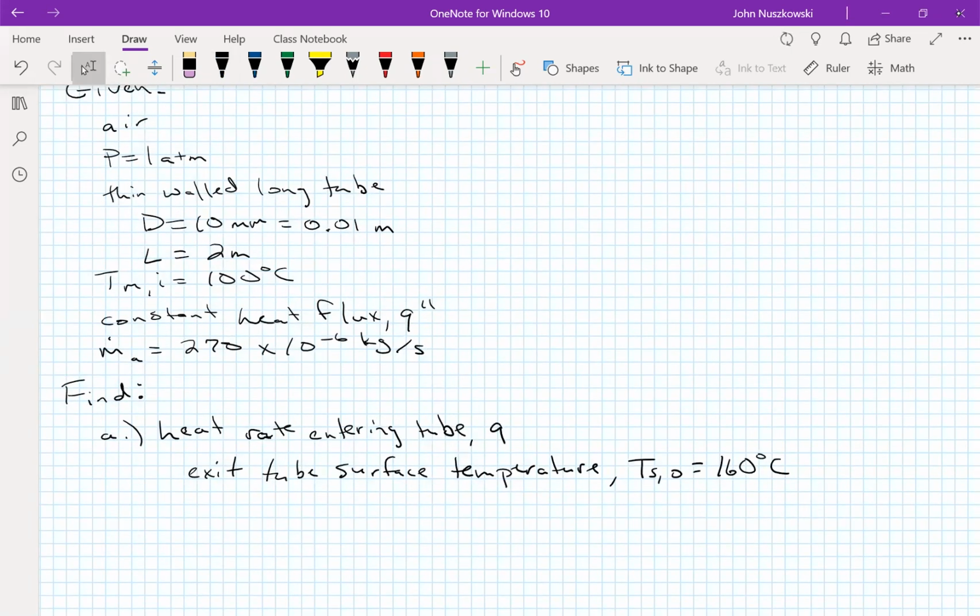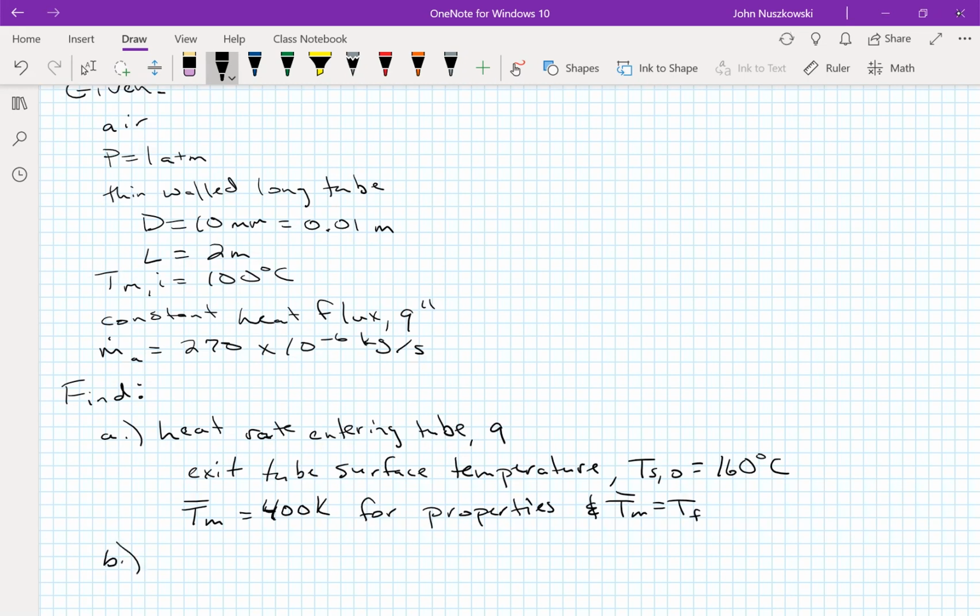And they say to evaluate properties at a temperature of 400 Kelvin. So that's saying the average mean temperature is 400 Kelvin for properties. And that mean temperature is equal to that kind of film temperature.